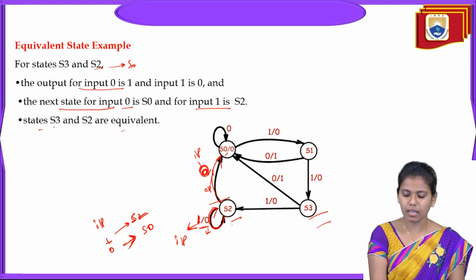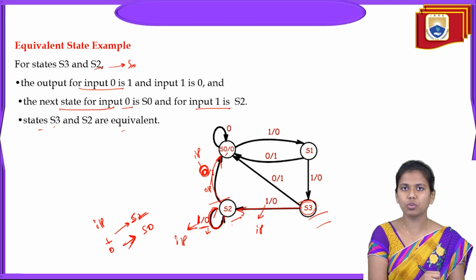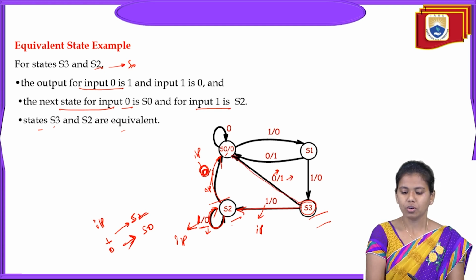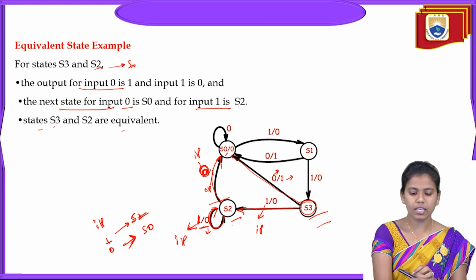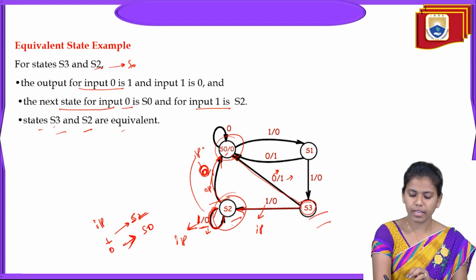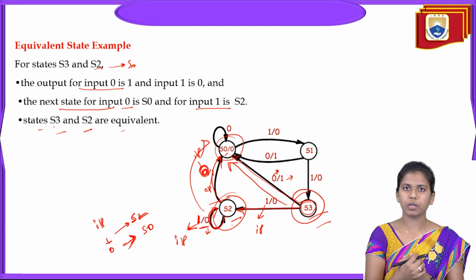Now if you observe state S2, when the input is 1 and the output is 0, the transition takes place to S2, and when the input is 0 and the output is 1, the transition takes place to S0. So here we see S2 and S3: S2 takes a transition to S0 and S3 also takes a transition to S0.